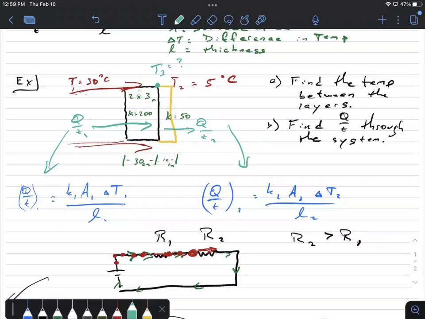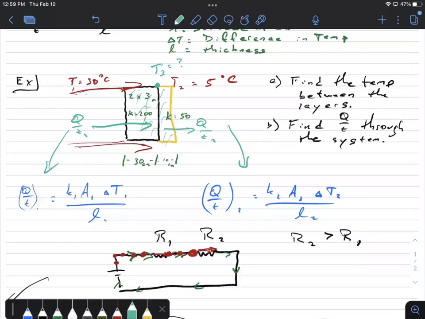And if I want to calculate what that new thing is for the system, it happens to be the same number as if I were to calculate the heat transfer rate through this material by itself or this material by itself. We're going to see how this works specifically with a calculation. But this is an important concept to understand, and it's a little fickle.